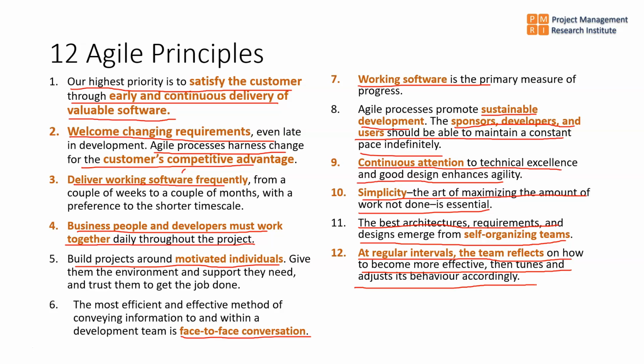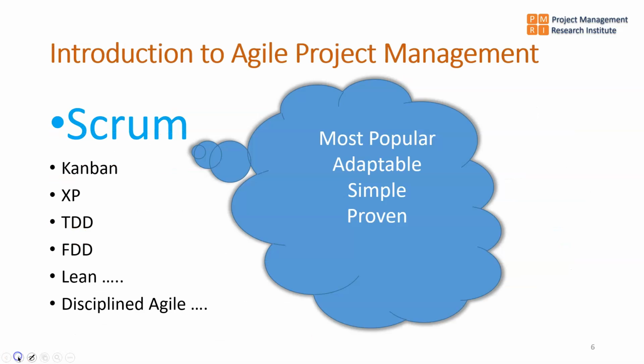That means at the end of every iteration they get into a retrospective meeting where things are discussed, like all the things we did right and all the things we did wrong, and they learn from it and adjust their behavior accordingly during the subsequent sprints. Now we discussed the Agile Manifesto, the Agile family, and then the Agile principles.